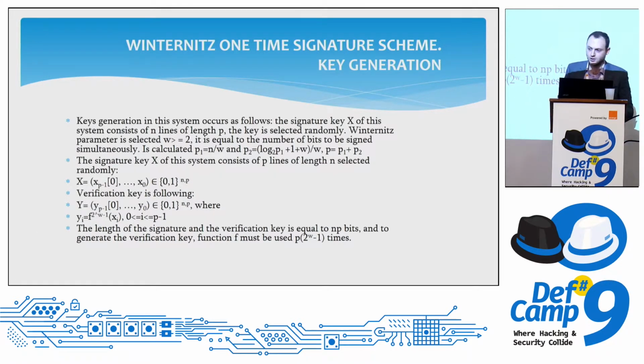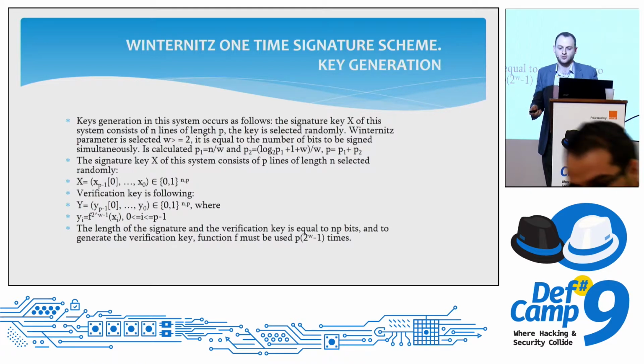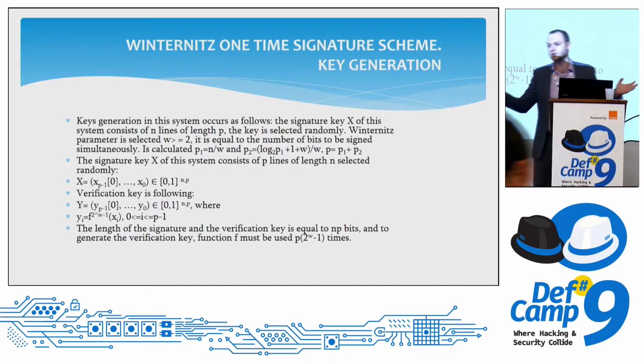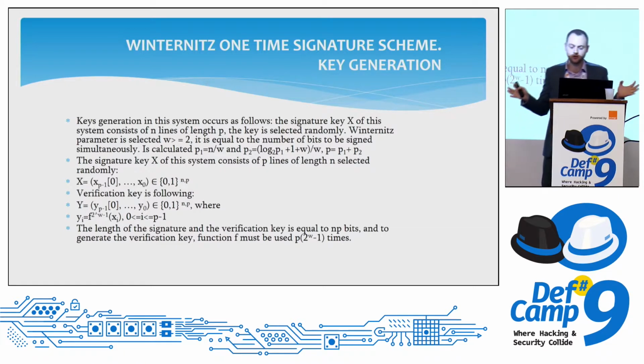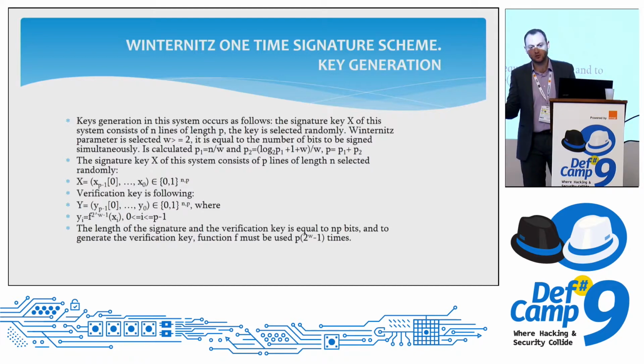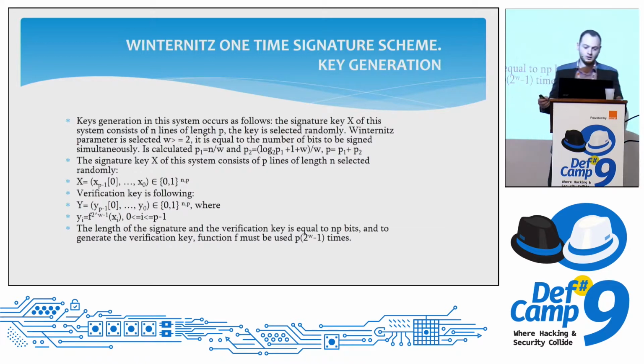Okay, as we said, the signature becomes n squared when the hash of the message is n, it's really big. In this case, we have the Winternitz one-time signature scheme. It reduces the size a little bit. So here we take the key of length n times p, so there are p lines of length n.